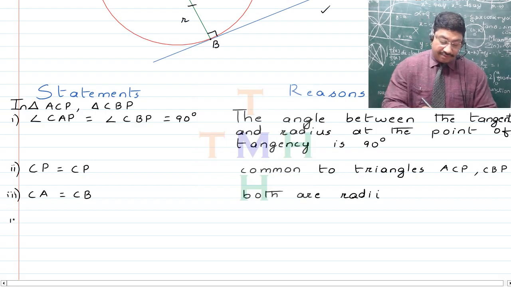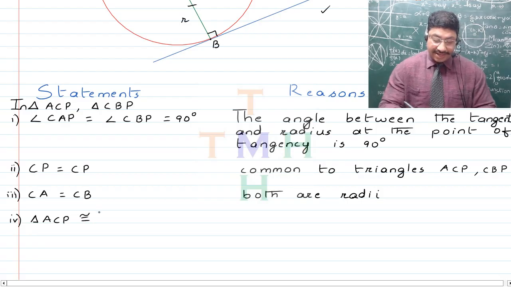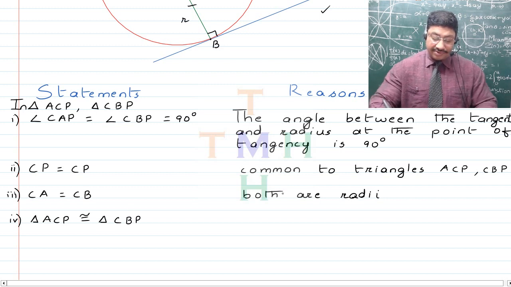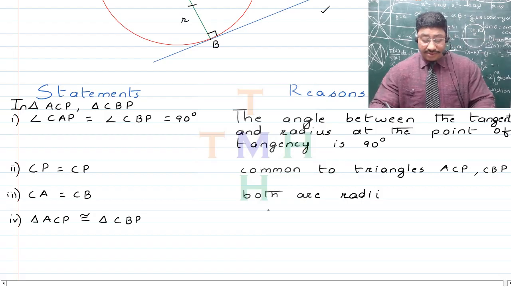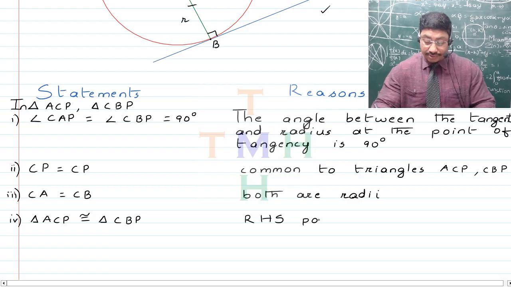So in point number 4, you will say that triangle ACP is congruent, this is the sign of congruency, to triangle CBP, and here you will write the reason to be what? The reason that they are congruent by RHS postulate.